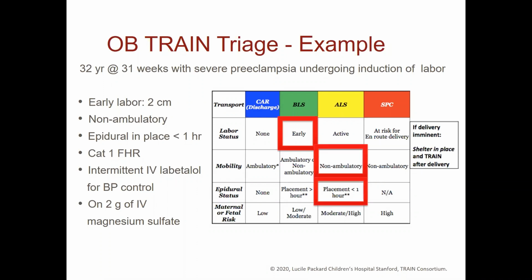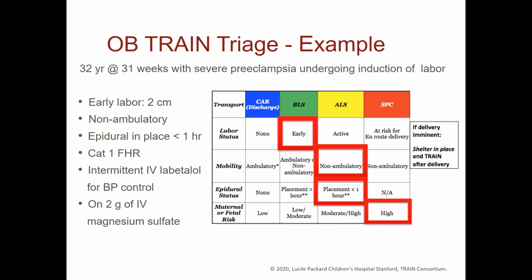Her baby looks okay. However, she is receiving IV labetalol intermittently for her blood pressure control, and she's receiving a continuous dosing of magnesium sulfate. This magnesium sulfate is a very high risk medication. It has to be carefully watched because it has a respiratory depression aspect to it.